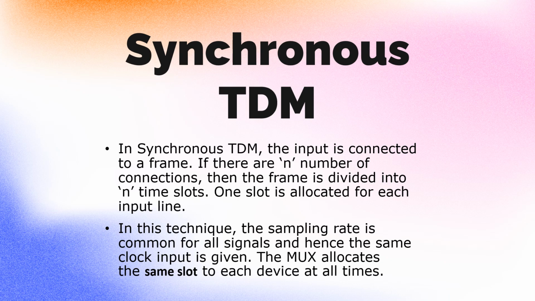Firstly, the synchronous TDM. In synchronous TDM, the input is connected to a frame. If there are n connections, then the frame is divided into n time slots. One slot is allocated for each input line. In this technique, the sampling rate is common for all signals and hence the same clock input is given. The multiplexer allocates the same slot to each device at all times.